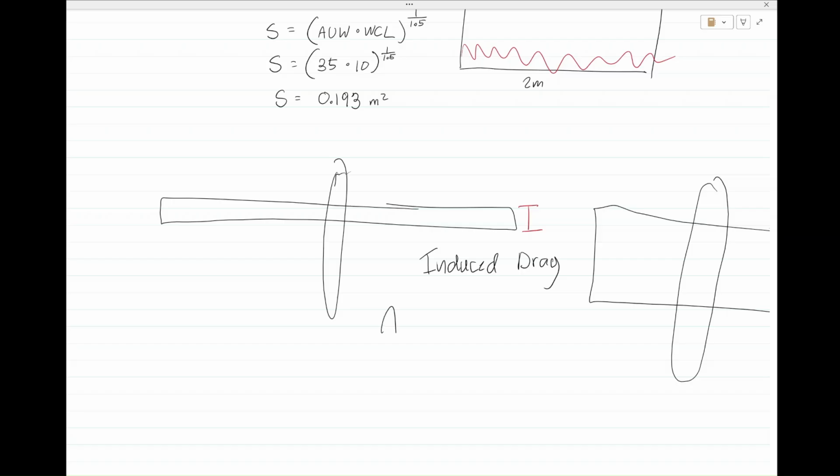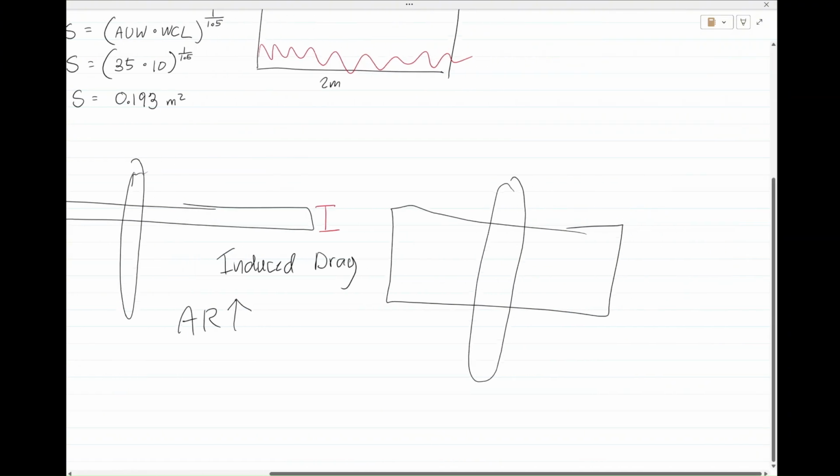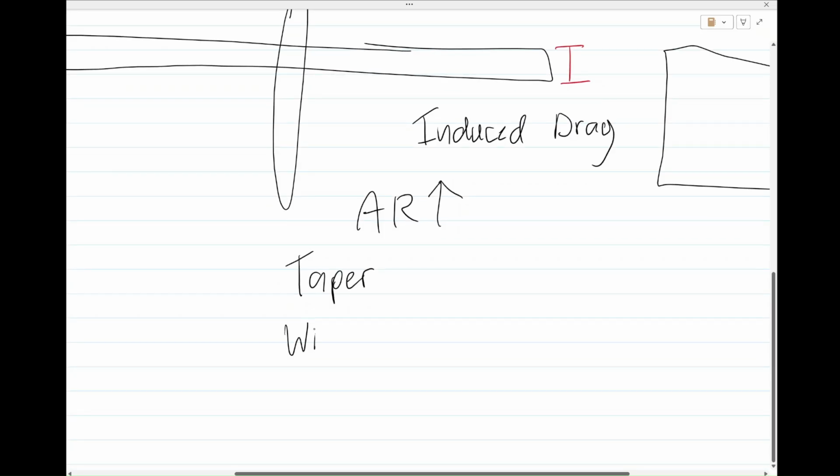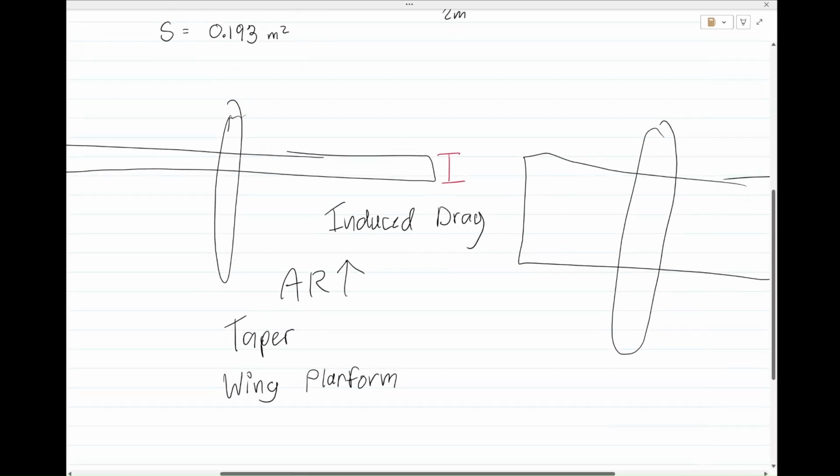So I would want a high aspect ratio because that way my chord would be smaller along the span. And there's many other things to talk about, like taper ratios, your wing planform. We'll go over that another time. Right now we're doing initial sizing, and aspect ratio is a parameter we have to pick.